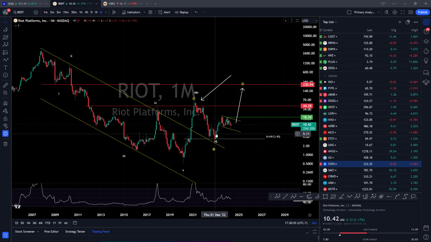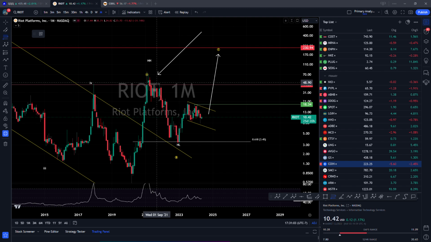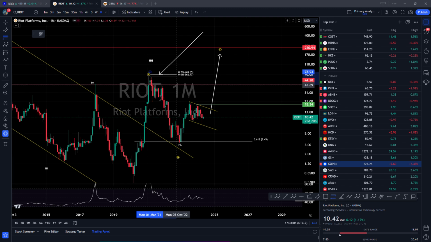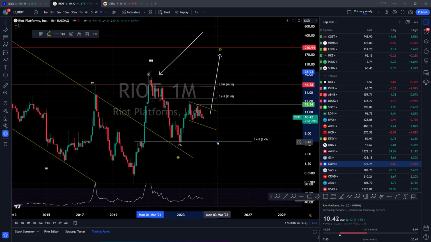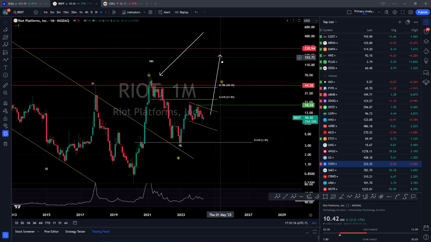Like I said, this could just be a retracement for this drop that happened, and let's see how much the retracement was here. We didn't exactly test 23%, but there's a high chance that we go up to like 78% here.